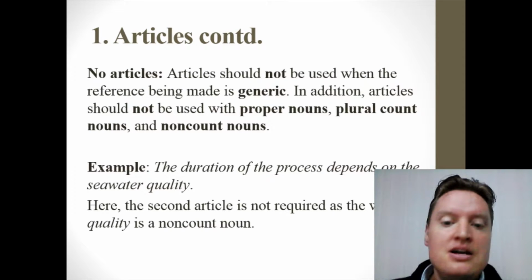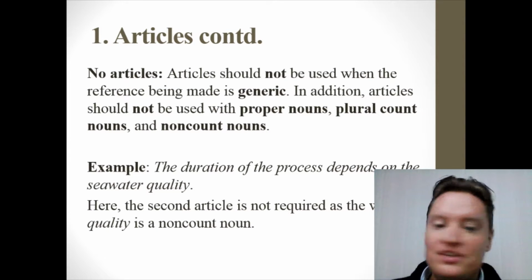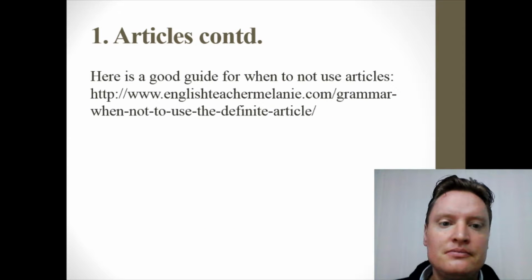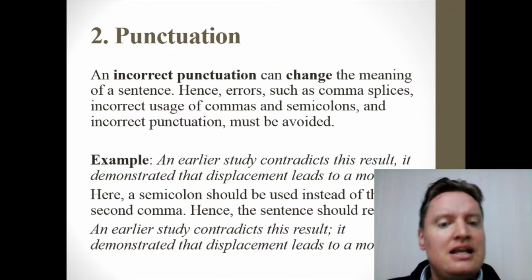An example, the duration of the process depends on the seawater quality. The second article is not required, as the word quality is a non-count noun. There's a good guide here in this link if you want a longer discussion on when to use articles.